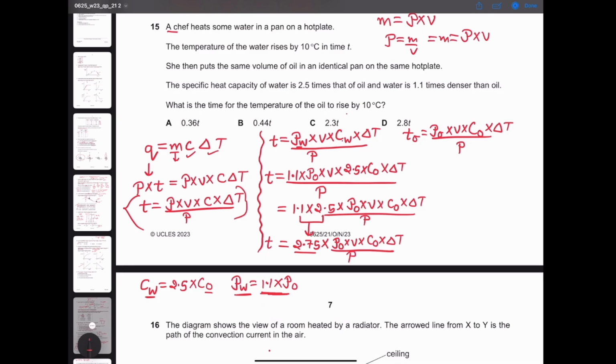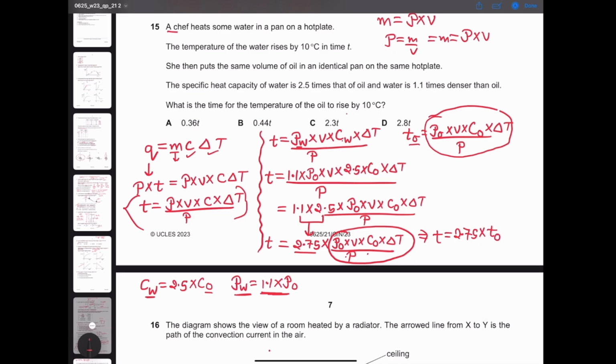Alright, now I want you to pay attention to one important value here. Just look at this. See, this thing and this thing are both exactly the same. For oil, this is the value T naught, the time of oil, and this we are also getting here. So in place of this, I can write T is equal to 2.75 into T naught, right?